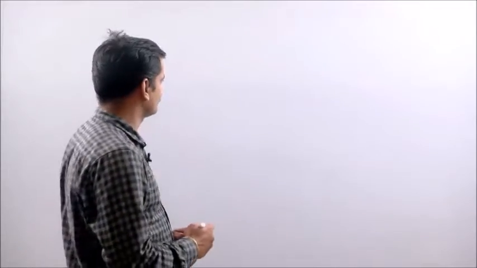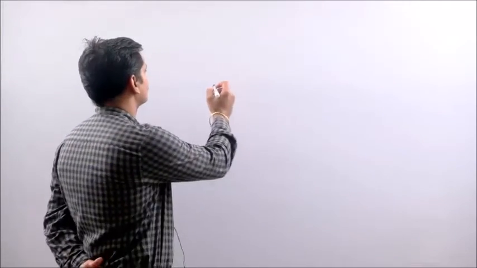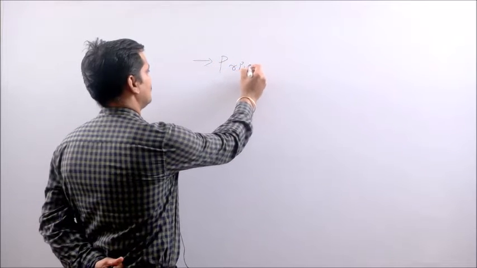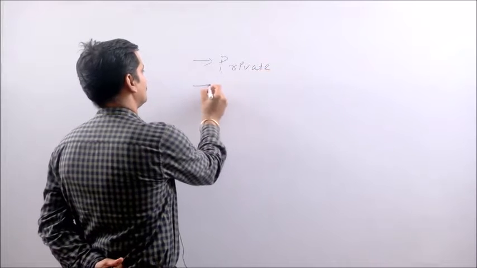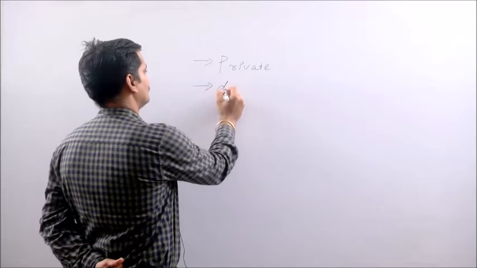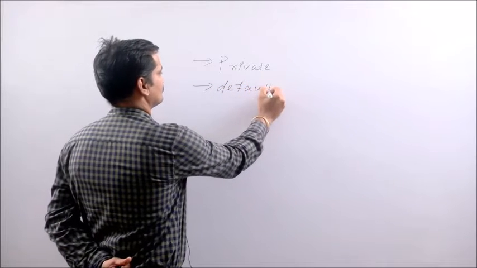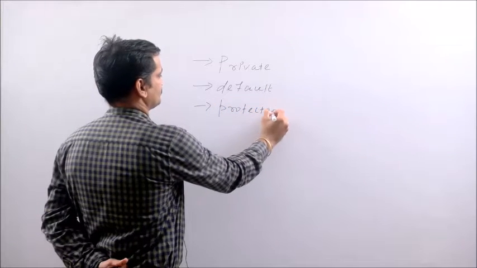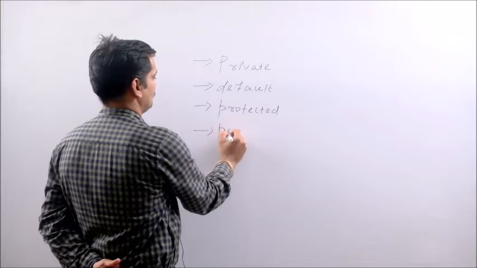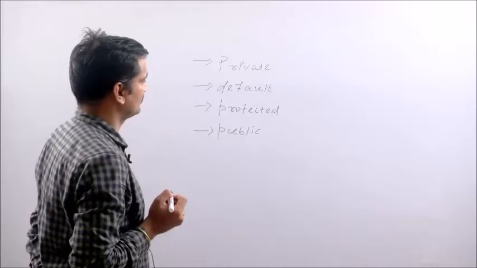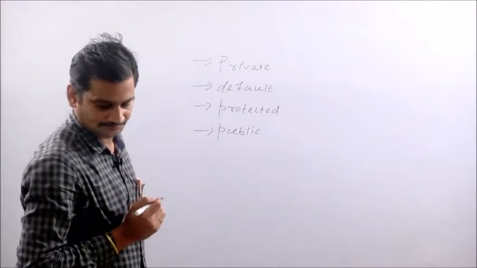There are 4 access specifiers: private, default, protected, and public.